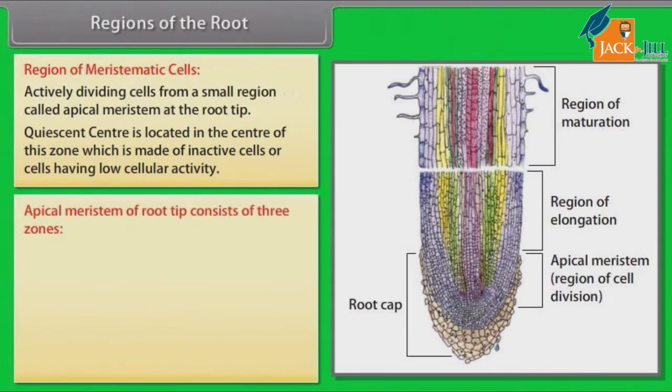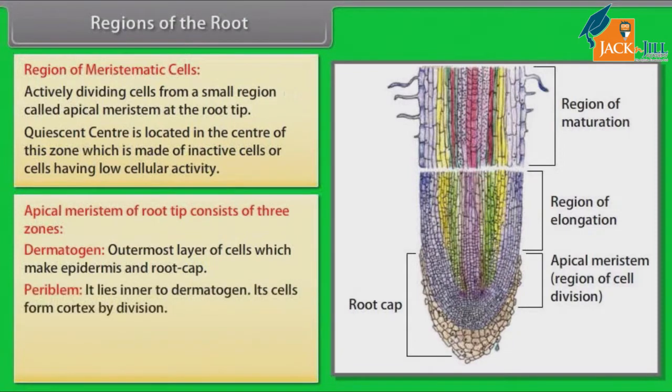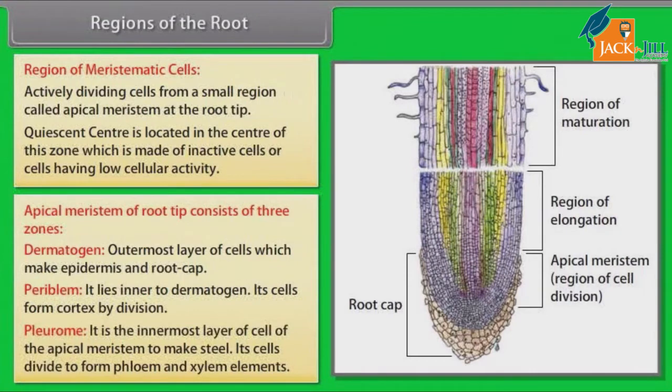Apical meristem of root tip consists of three zones: dermatogen, the outermost layer of cells which make epidermis and root cap; periblem, which lies inner to dermatogen, its cells form cortex by division; plerome, the innermost layer of cells of the apical meristem to make stele. Its cells divide to form phloem and xylem elements.